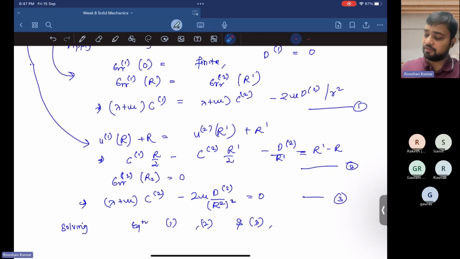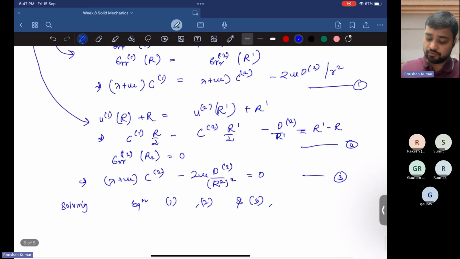So on solving these three equations, we finally get the expressions for C1, C2 and D2.